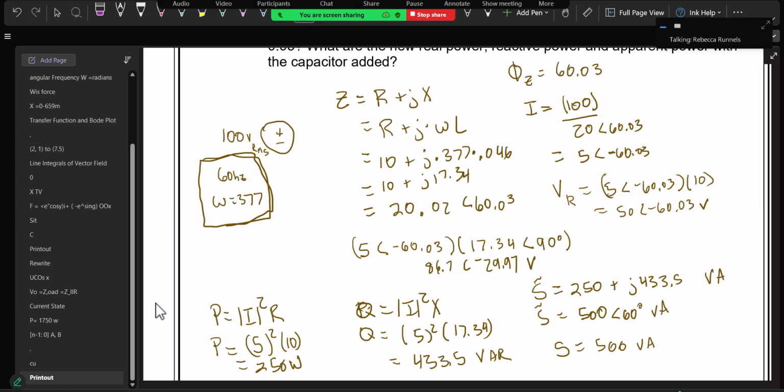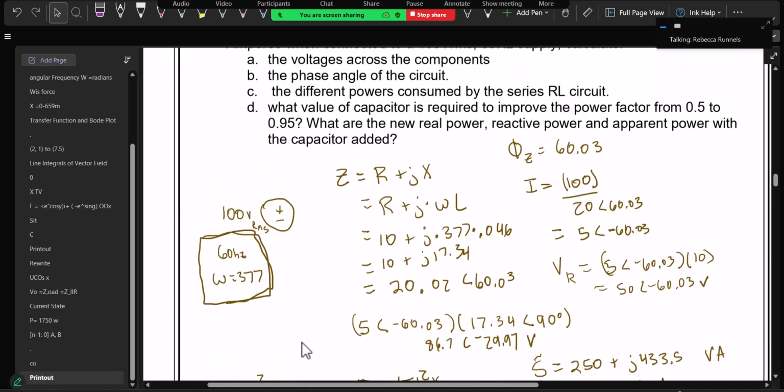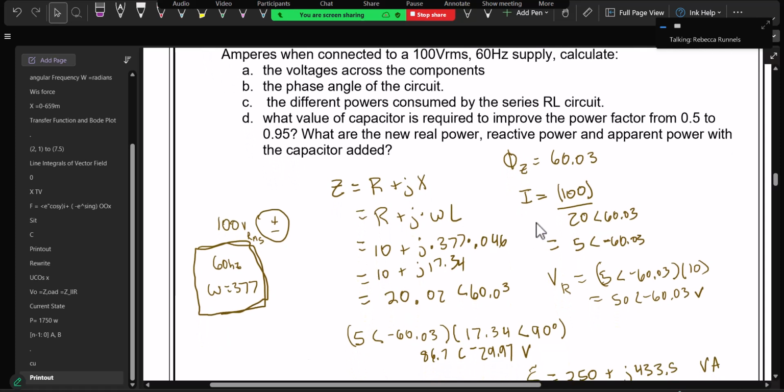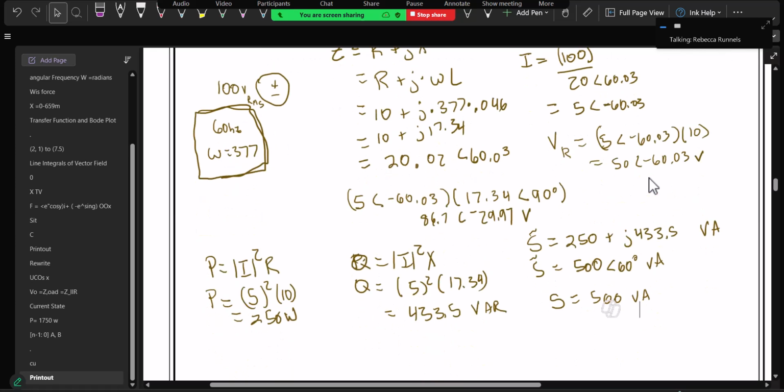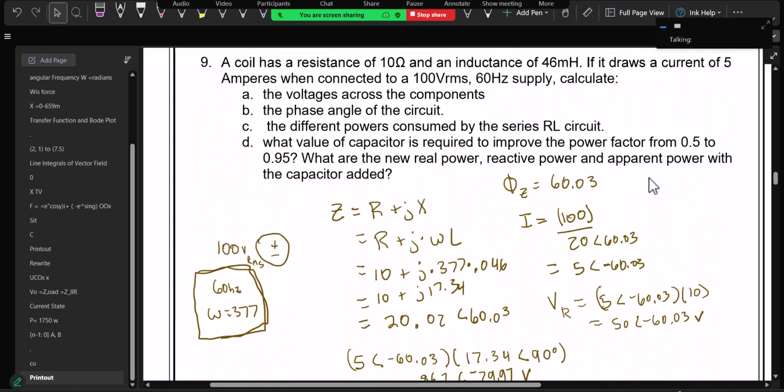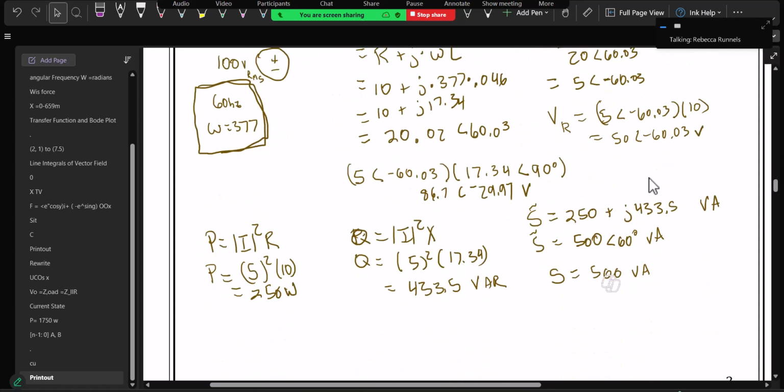Okay, so then our problem says, well look, my apparent power is 500, but my real power is 250. That's not so great. My power factor is 0.5. Did we find the power factor? We didn't find the power factor.